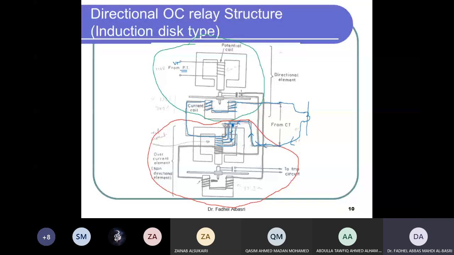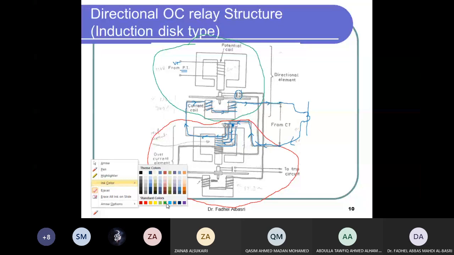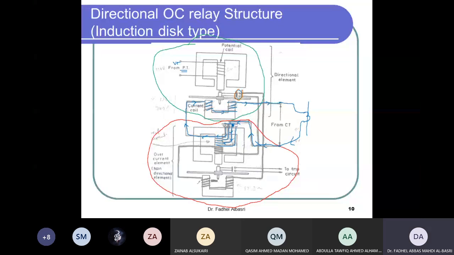Now, if this current is higher than the pickup, and the directional unit sees a forward fault, it will close these two contacts. The color will also change. Once the directional relay sees a fault in the forward direction, it will close these contacts.